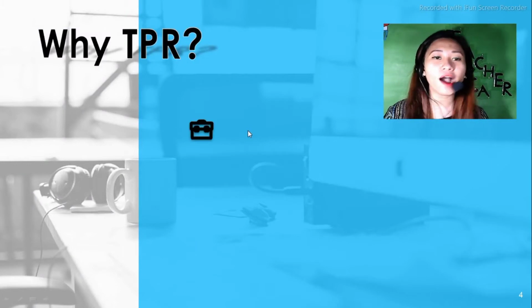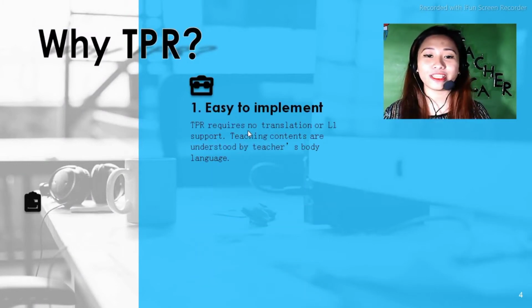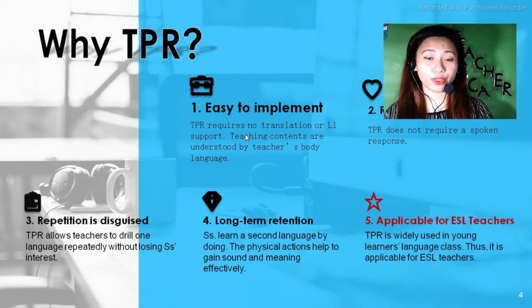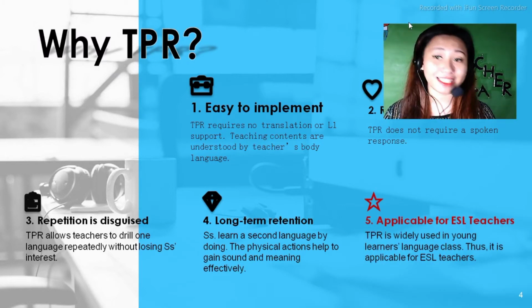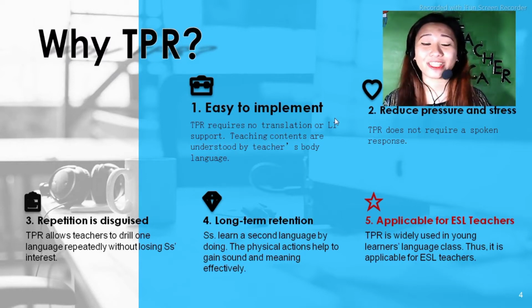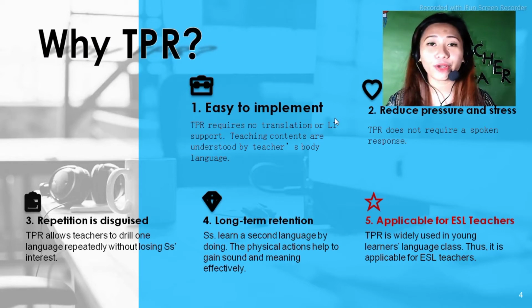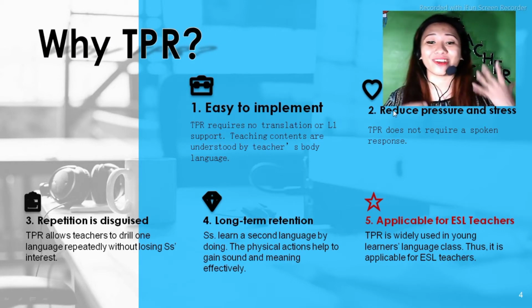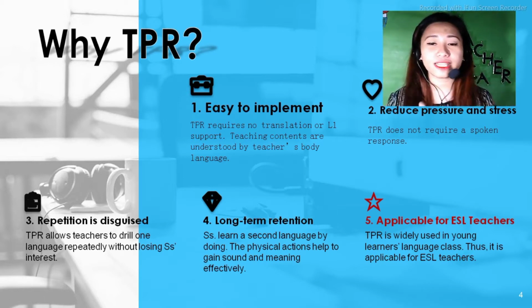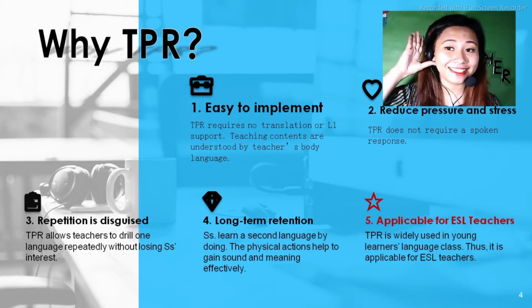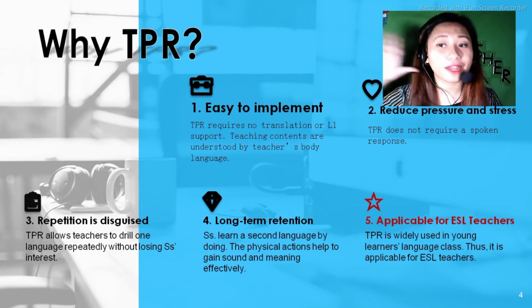Let's start. Why do we need to use TPR? First thing is that TPR is easy to implement, and TPR requires no translation from your mother tongue or your first language. The teacher's content is understandable based on the teacher's body language. For example, if you do the basic TPR, which is listen, look, like that, can you see or can you hear me?